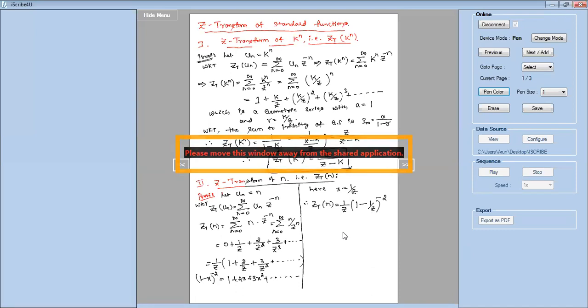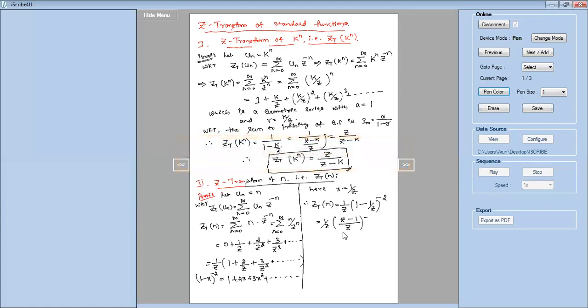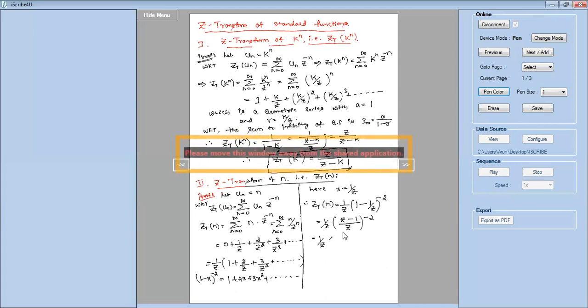This is equal to 1 by z into, take LCM. The LCM is z. So it is z minus 1 over z, whole power minus 2. Or I can write this by reversing it as z by z minus 1 whole power 2.